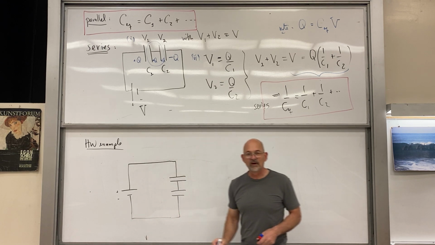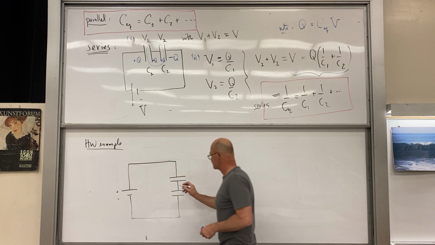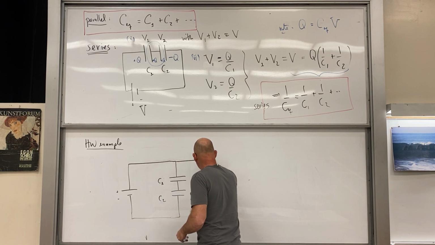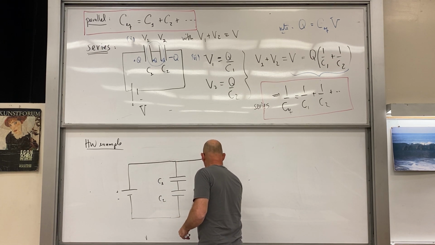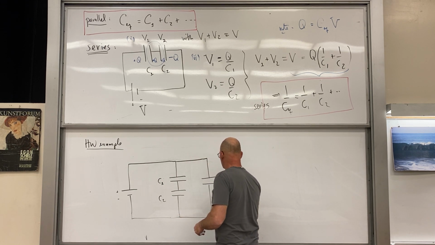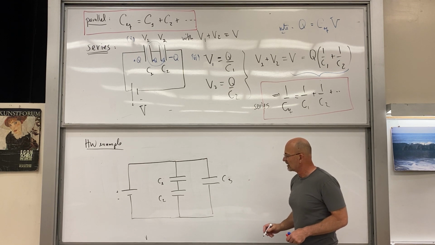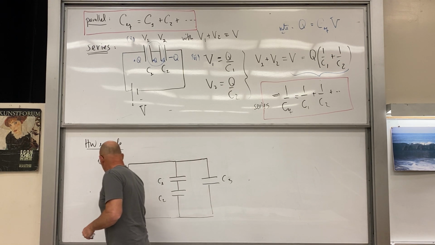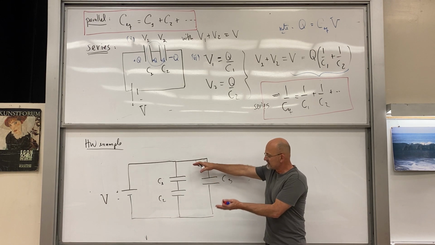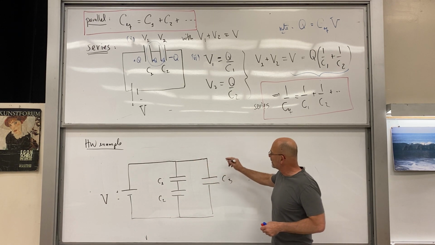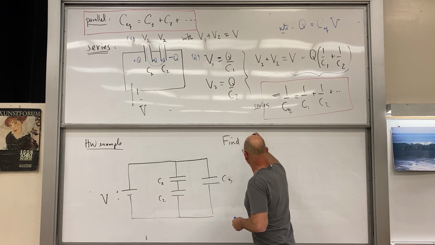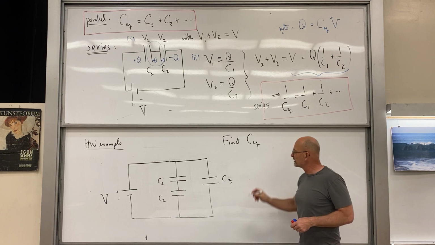Okay, so they're in series, C1 and C2, but then we have a third capacitor in parallel here, C3. And this here is our voltage, and eventually these things are all charged up. So what you're going to try to do in a situation like this is find the equivalent capacitance for the whole thing.